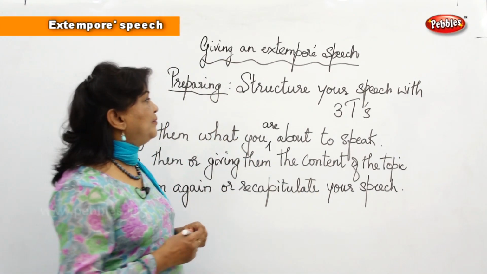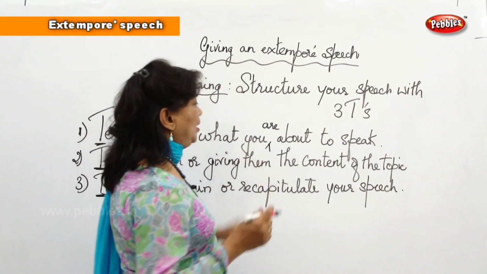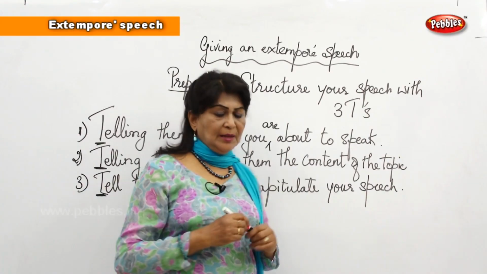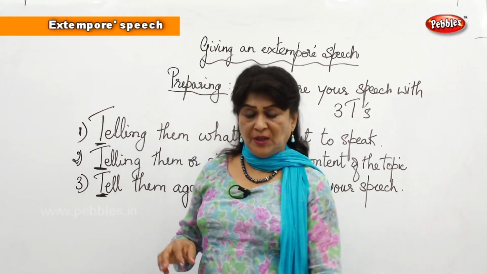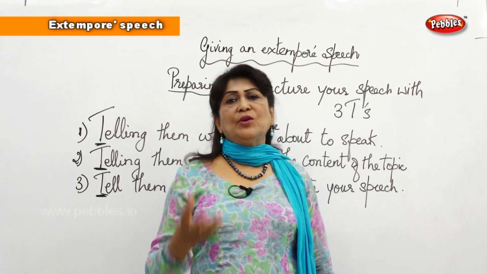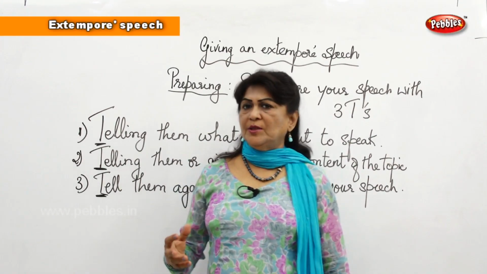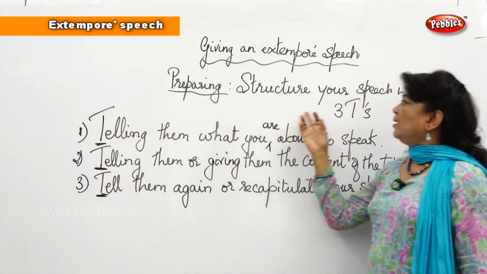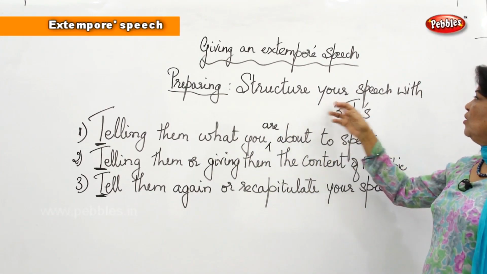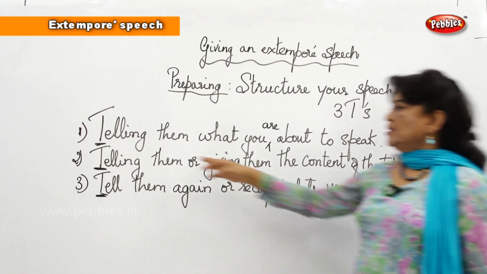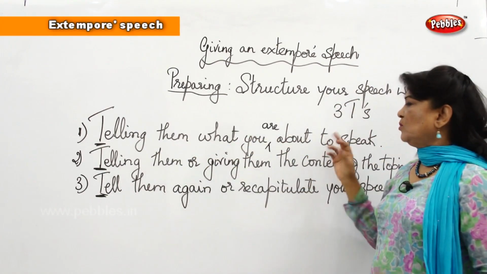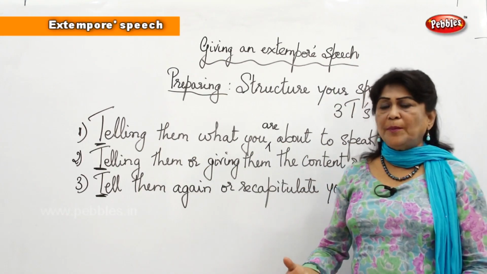These 3 points are very, very important. Okay. And next we are going to see the basic things that you need to remember when you give a good extempore speech. So, first, preparing is structure your speech with 3 T's, telling them what you are about to speak. So, introducing the topic.